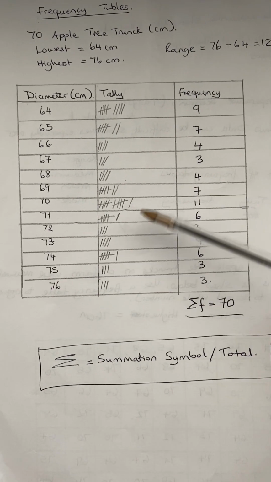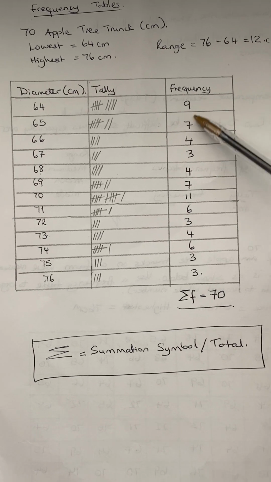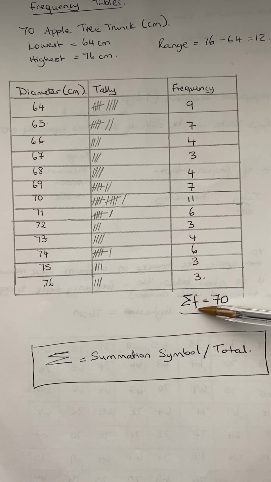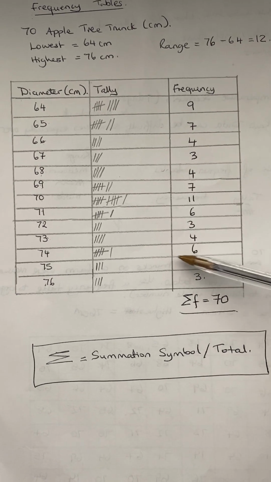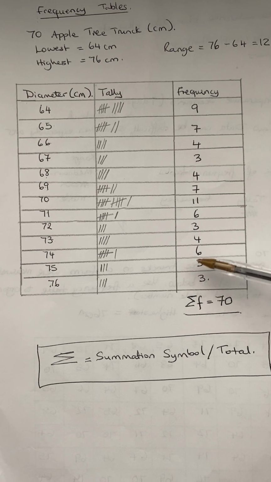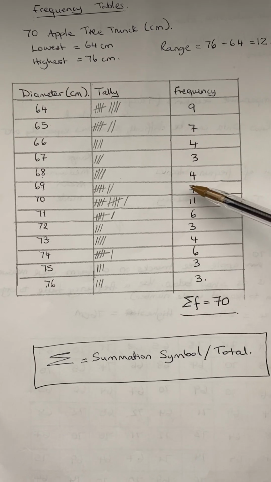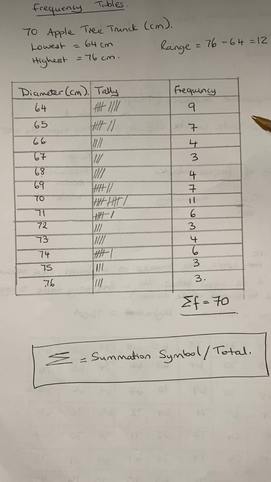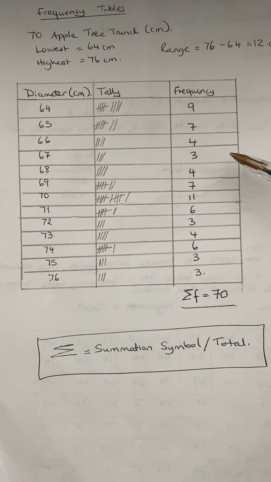They might ask you to plot a frequency table for a question. If so, this will just be it. Or they might ask you to go ahead and plot it on a graph, depending on what they are asking you to do.